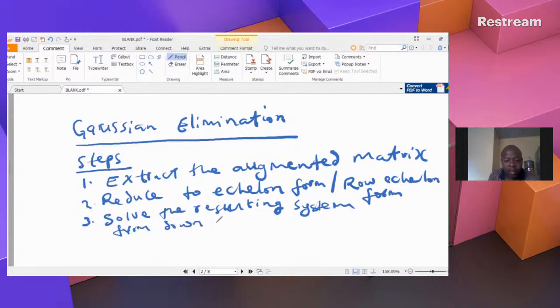So I want to give you an example so that we see how all these steps are done.